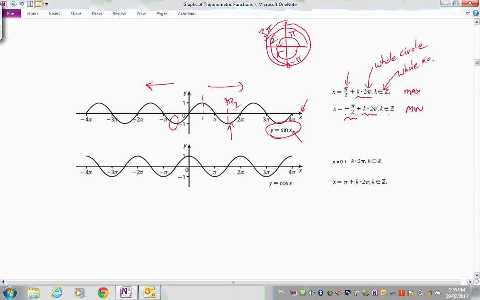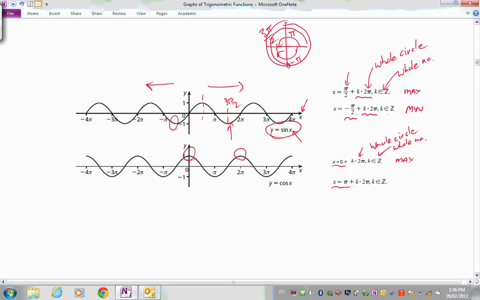Okay, what about cosine? That's a bit different. It starts off at 0 being its max. And then 2 pi later, it will be up there again. So the same thing. Travel a whole circle's worth around, and you'll be back to that point, either positively or negatively. So this is a whole number lots of 2 pi to get you a circle's worth back.